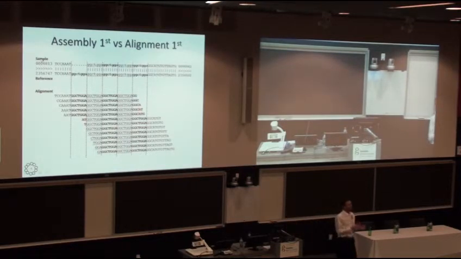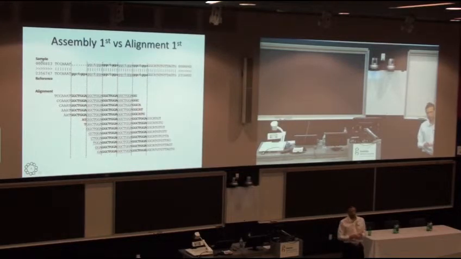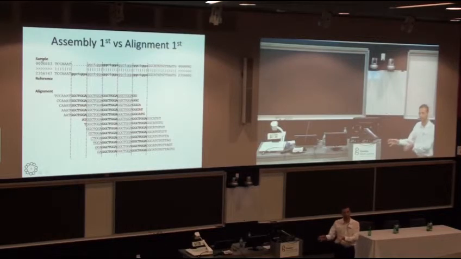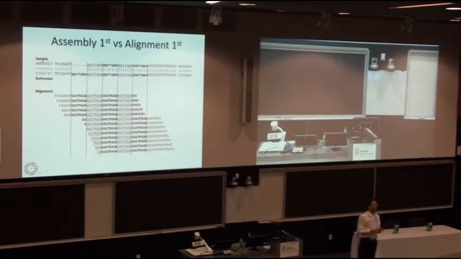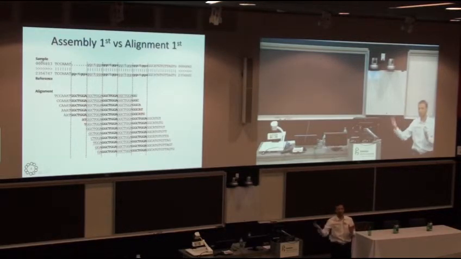In bioinformatics, when you are analyzing next-generation sequencing data in projects like clinical genomics projects, you are employing one of two paradigms. You either assemble your reads first, then align your resulting contigs to a reference genome to do your downstream analysis, or you align your reads first to a reference genome and use the reference as your guide to do your downstream analysis.